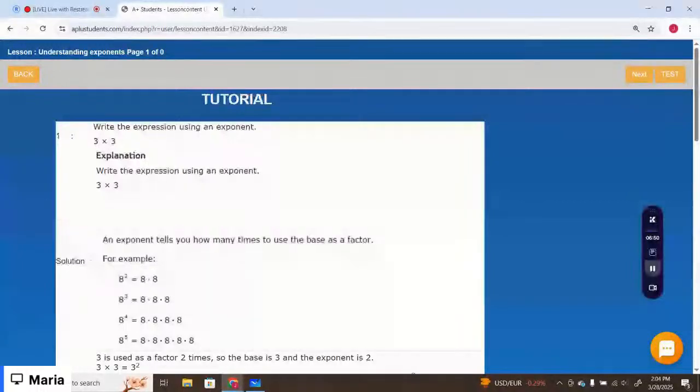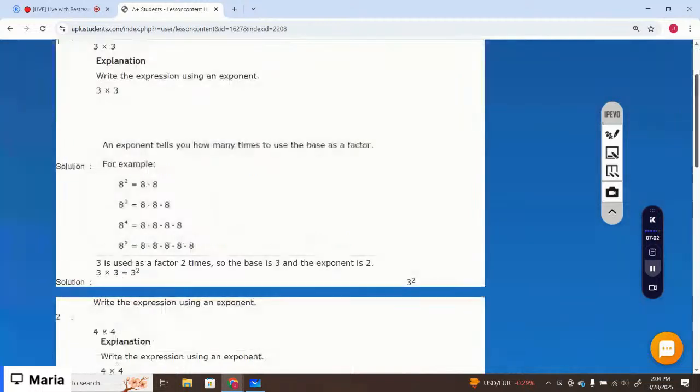Three times three. An exponent tells you how many times to use the base as a factor. That is 3 times 3. So you can write 3 times 3 as 3 squared. 3 is the base and 2 is the exponent.